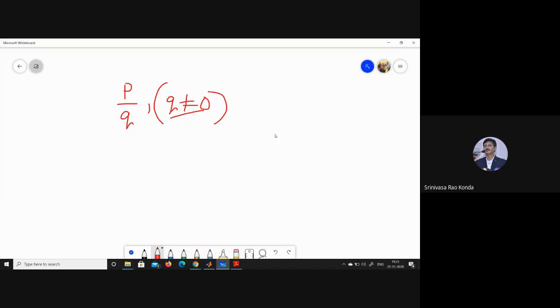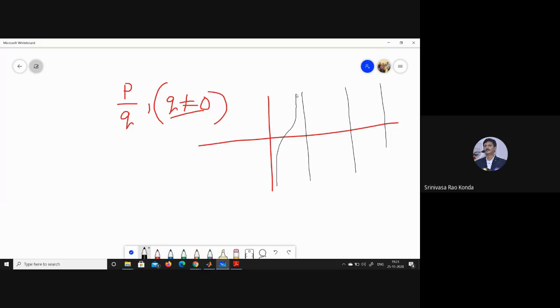If you see the standard textbooks, don't see roadside books, there will be some dotted lines like this. The tan x curve will be like this. It will be like this.